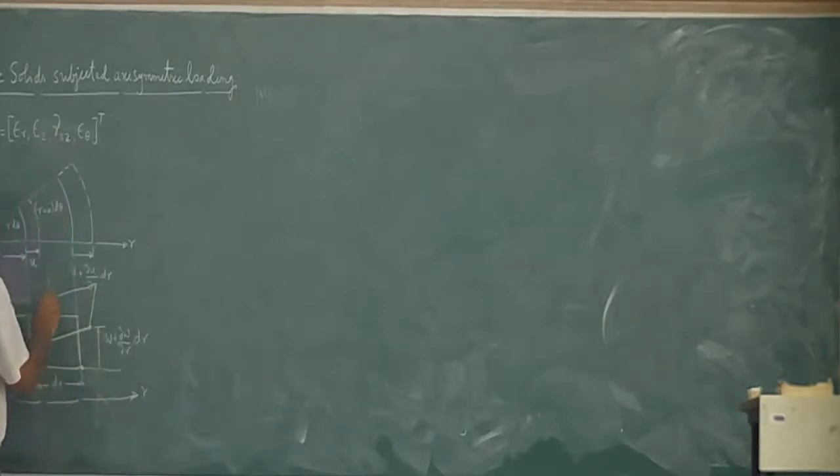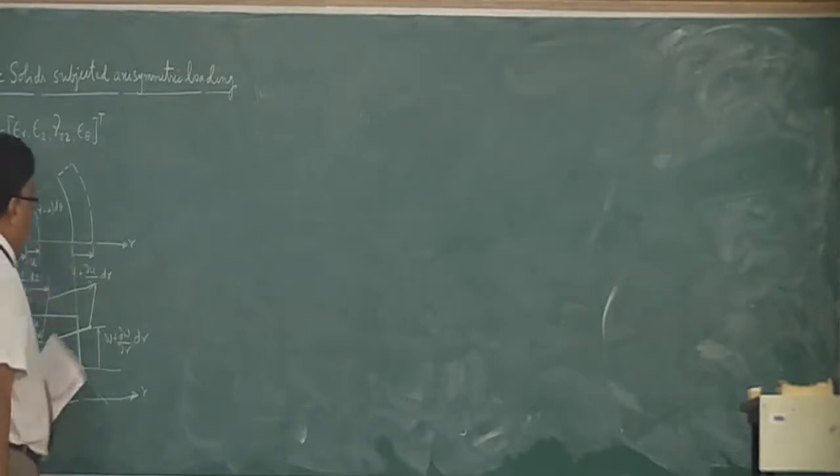Similarly here, what is this? U plus dou u by dou z into dz, because this point from here to here has moved in the direction, so this is dou u upon dou z into dz.